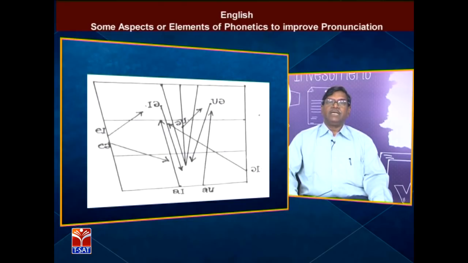When we say E, it is the front portion, not the tip of the tongue, that goes up and almost closes the cavity. And when we utter oo, the back portion of the tongue goes up.